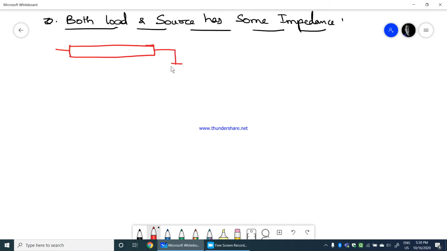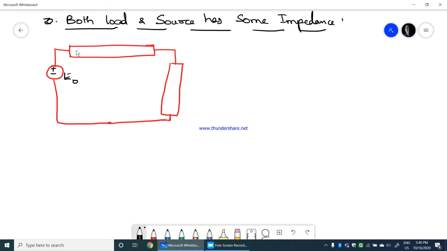Source also has impedance, load also has impedance. So we got this. Here it is plus minus E naught. So we have Zs, which is equal to Rs plus j into Xs. And this is the load ZL, which is equal to RL plus j into XL.